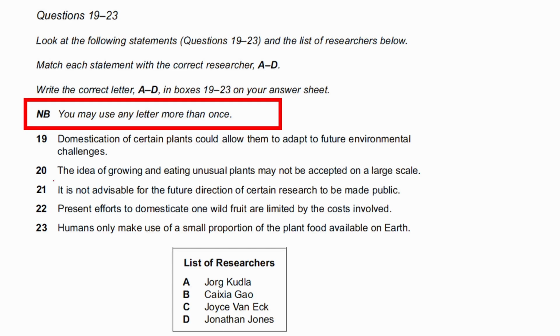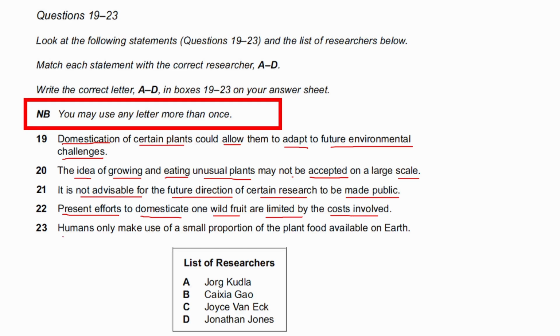So in number 19, we have domestication, certain plants, allow, adapt, future environmental challenges, idea, growing, eating, unusual plants, not accepted, large scale, 21, not advisable, future direction, certain research, made public, 22, present efforts, domesticate, wild fruit, limited, costs, and the last one, humans, only use of, small proportion, plant, food, and available.